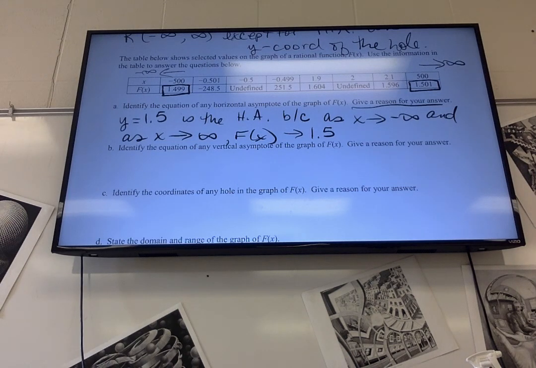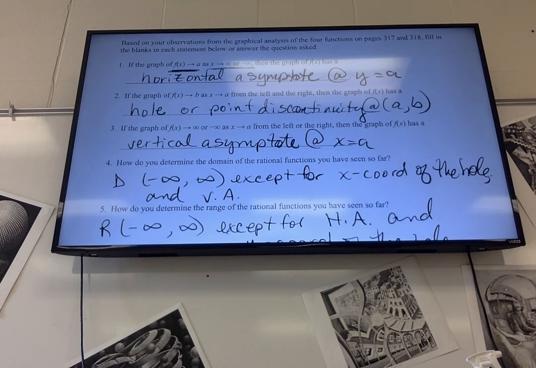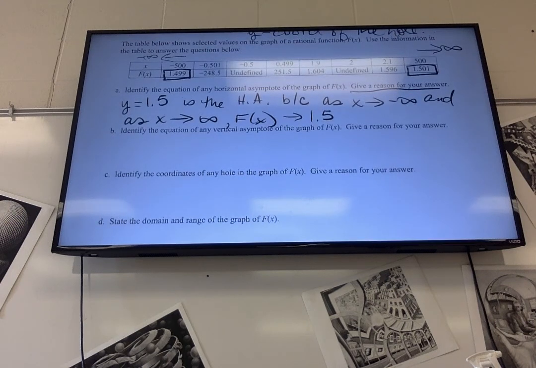B, identify the equation of any vertical asymptote of the graph. So let's go back up here and look. A vertical asymptote is when y, or f of x, is approaching a really big or a really small number, that's infinity and negative infinity, as x approaches a from both sides. So, do we see something that's approaching a really big and really small number on either side?